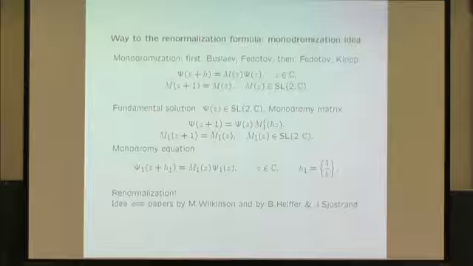And let me explain very briefly what this idea is. So consider this finite difference equation on the complex plane. In this equation you have a 2 by 2 matrix M of z. And the determinant of this matrix is 1.